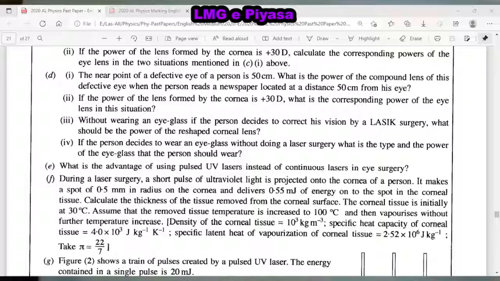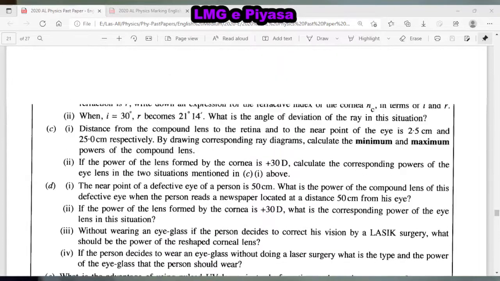Let's see how you can do part E. What is the advantage of using pulse UV lasers instead of continuous laser in eye surgery? What is the advantage? The answer is in the paragraph, so you have to find the answer from the paragraph.